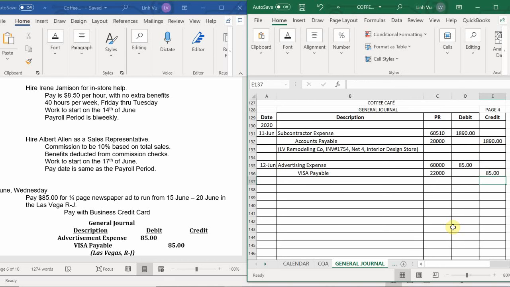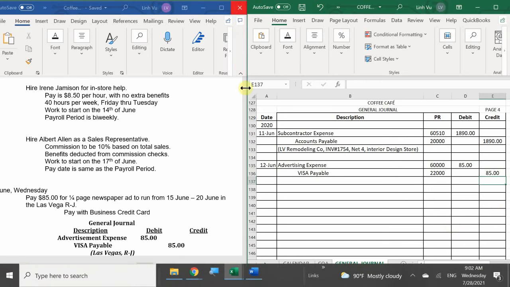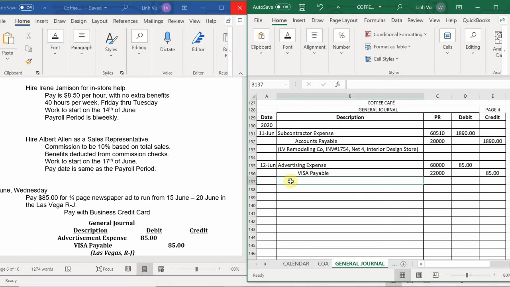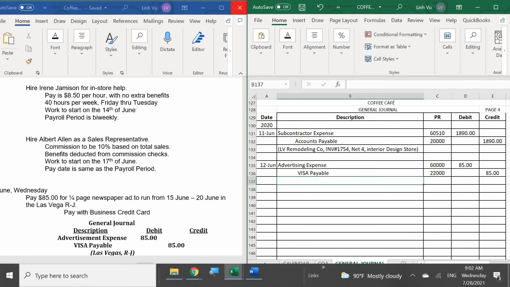All right. So now that we paid with a Visa credit card, and we have all the information here, you could go ahead and fill in the rest of the description here. So we dealt with Las Vegas RJ.